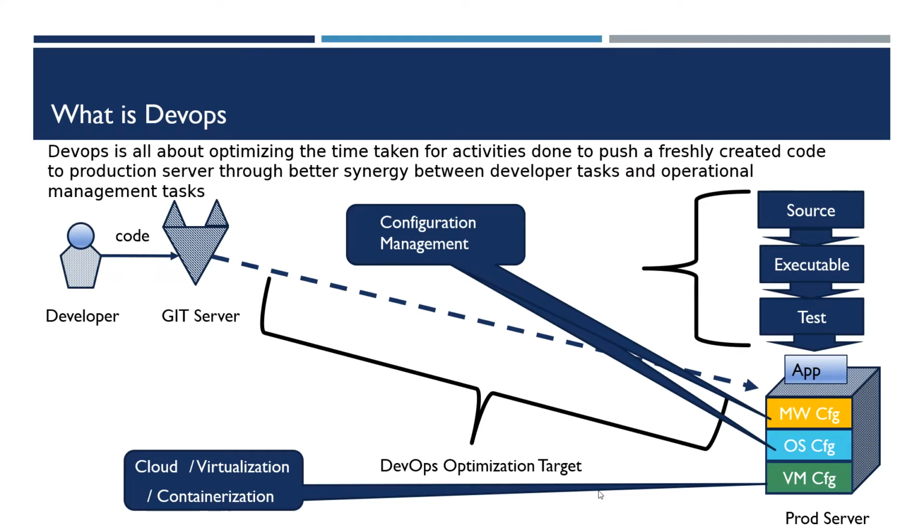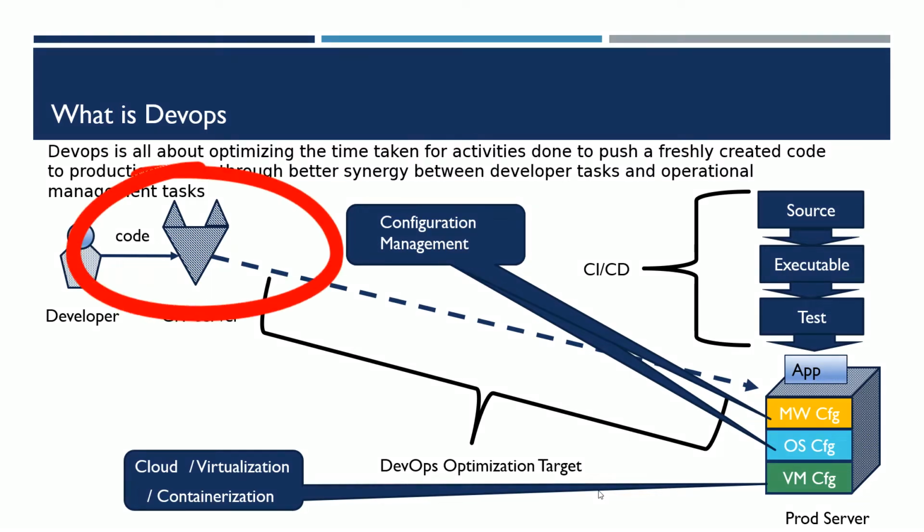And this whole process of converting the source code to an executable, then doing thorough testing, then pushing it to the application as a production application, that whole thing is something that we typically call CI/CD, continuous integration, continuous delivery. And it also has certain other elements like source code management, which would be done by a Git server.